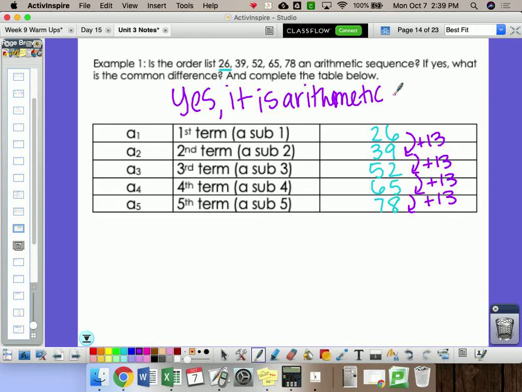We can state that our common difference, or the D, is 13. Positive 13, since it was adding 13.